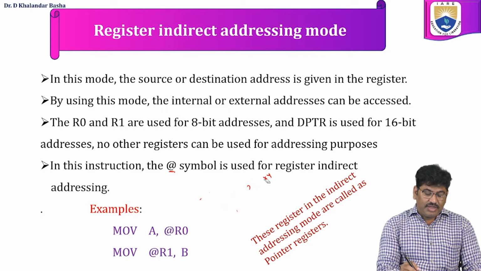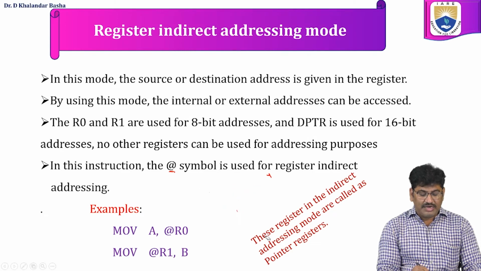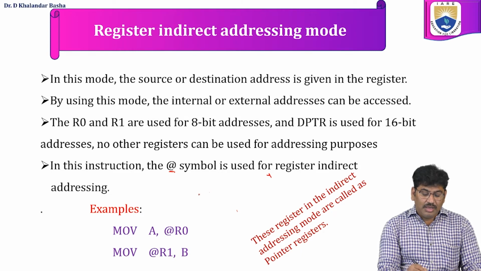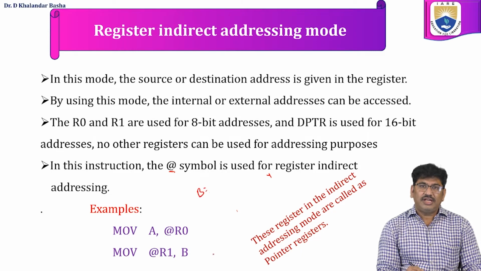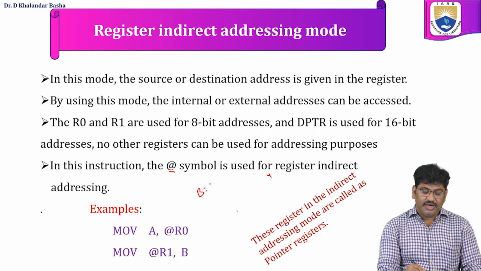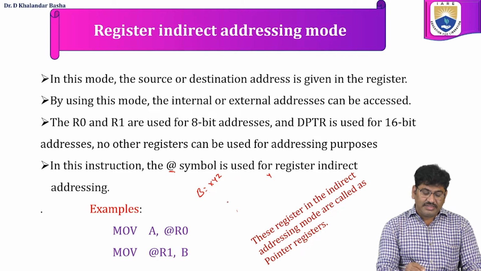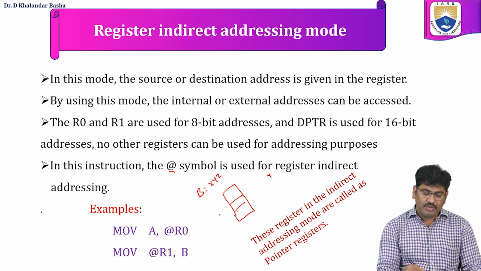The second example is MOV @R1, B. Here the B register contains some data XYZ. These contents will be copied into the memory location.